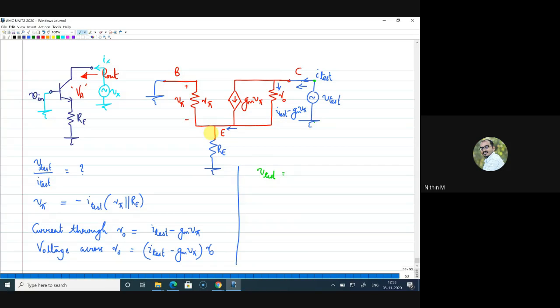So V test can be written as the current through R naught, which is Itest minus gm V pi, into R naught, that is the drop across R naught, plus Itest into R pi parallel Re. So V test is Itest minus gm V pi into R naught plus Itest into R pi parallel Re.